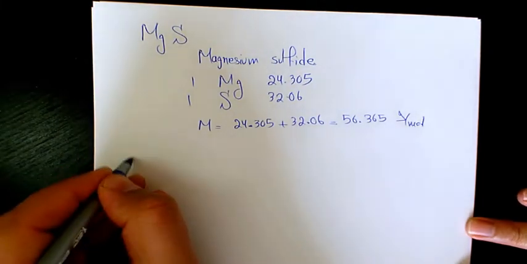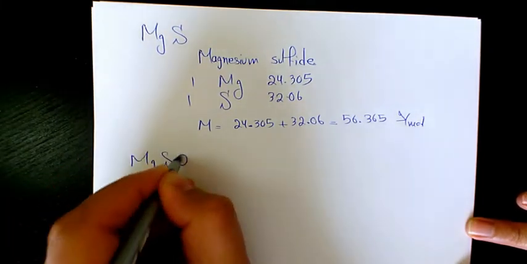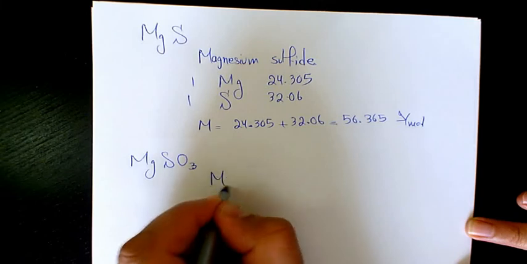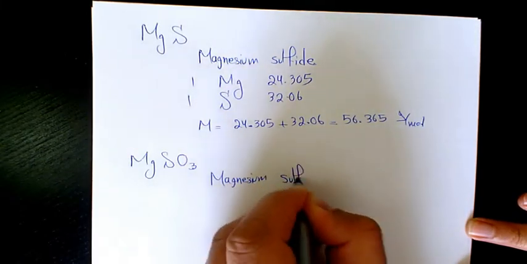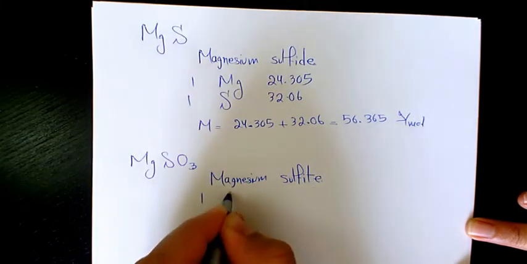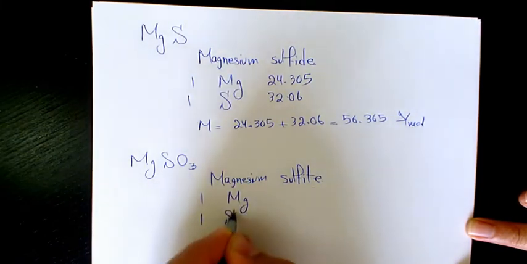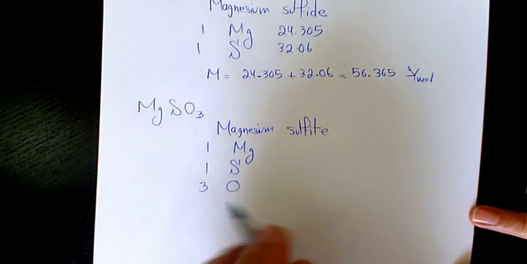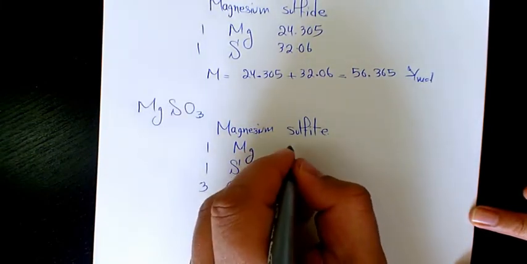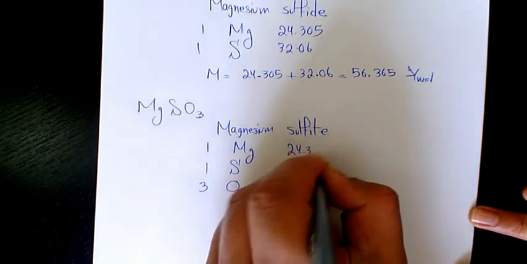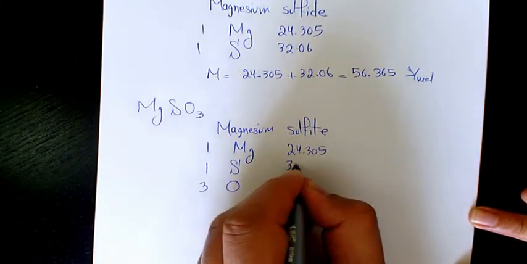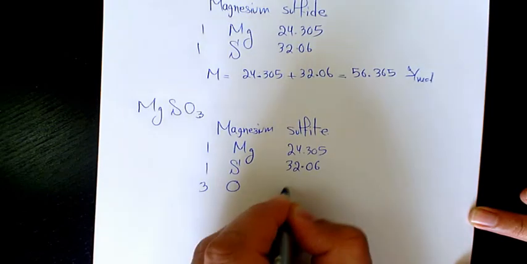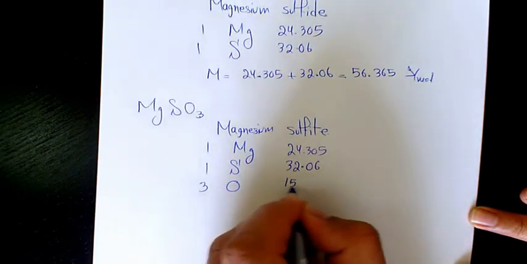Next one is MgSO3, magnesium sulfite. One atom of magnesium, one atom of sulfur, and 3 atoms of oxygen. Magnesium is 24.305. Sulfur is 32.06 and oxygen is 15.999.